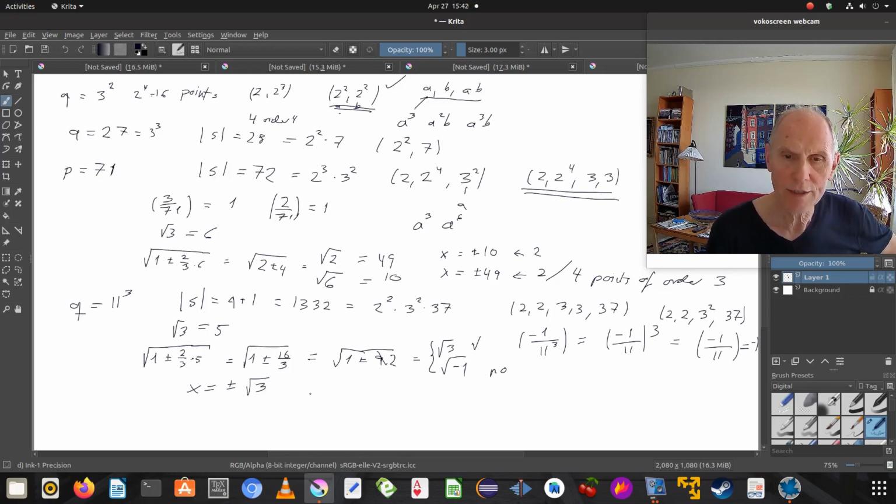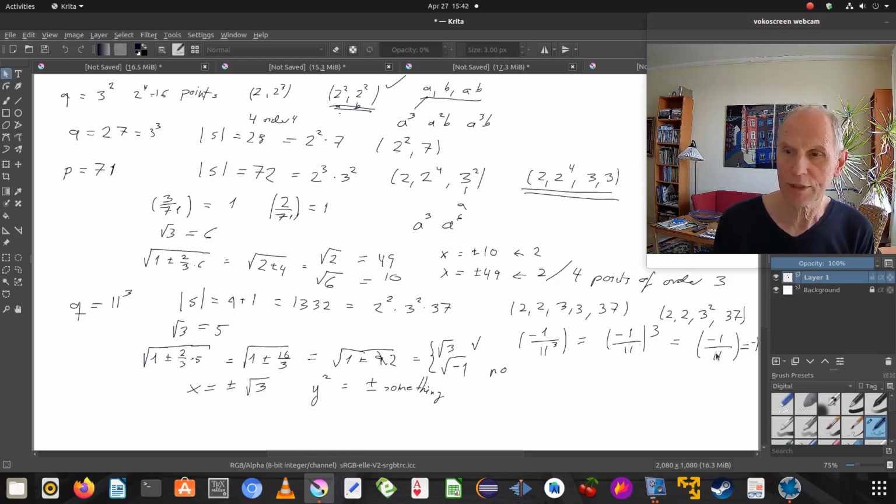And then we get 2 values of y squared, plus or minus something, and since minus 1 is not a square, the Jacobi index is minus 1.